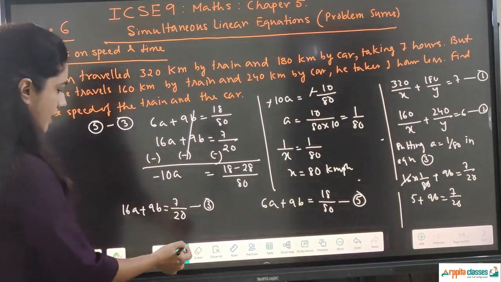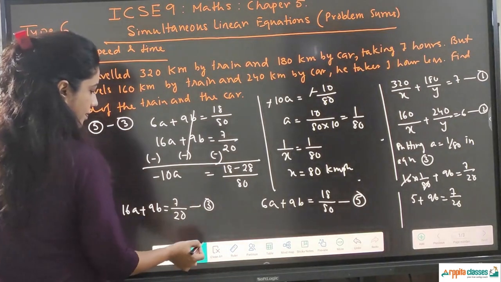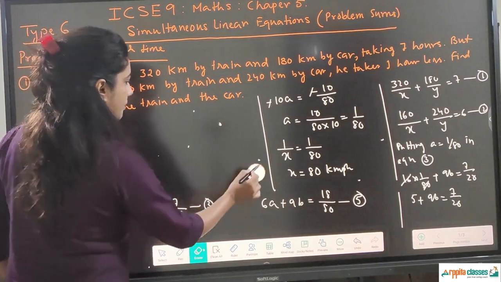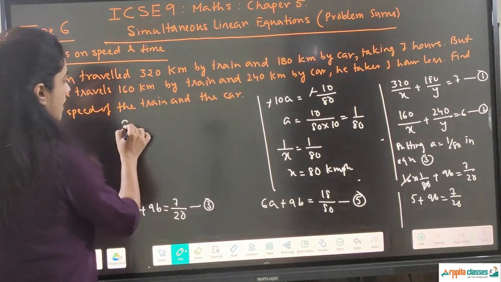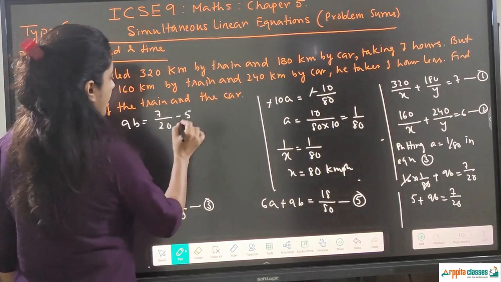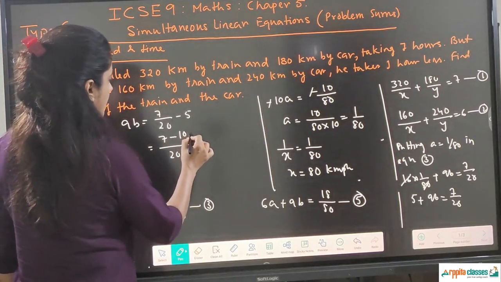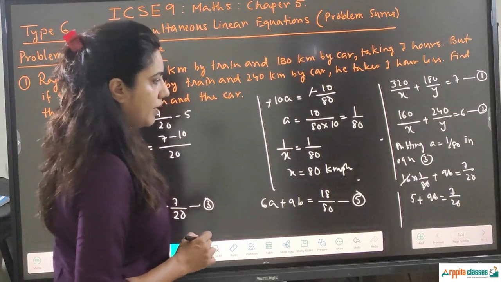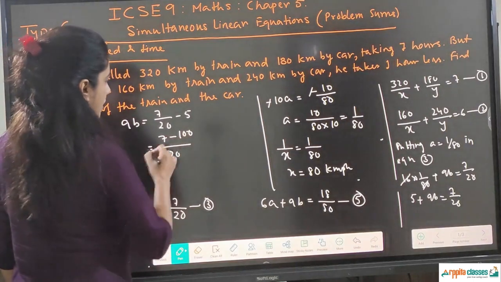Okay, I'll do it here. I'll rub this part. So this is 9b is equal to 7 upon 20 minus 5. 20 is the LCM. 7 minus 100.